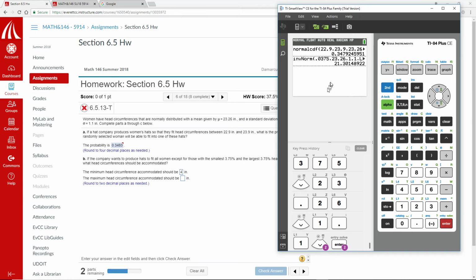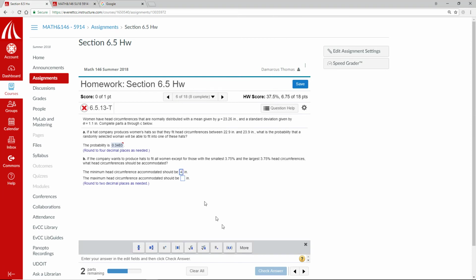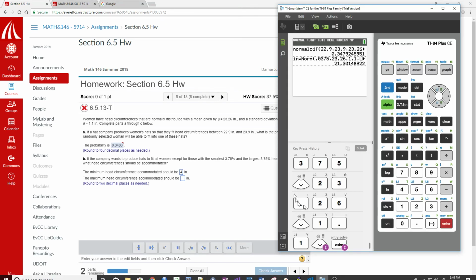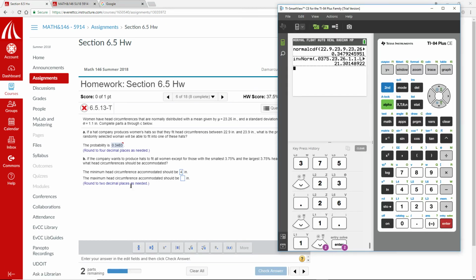And I got 21.30 inches. They want me to round this to 2 places, so it's 21.30.